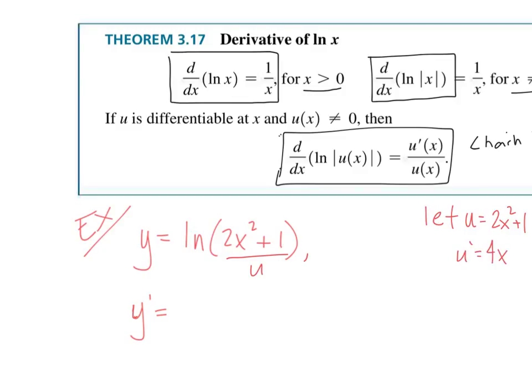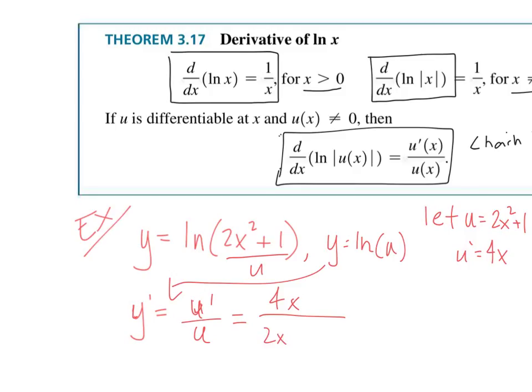So I would rewrite this as y is equal to the natural log of u, and if I found my derivative, it's going to give me u prime divided by u. So I substitute those values in, and I get 4x divided by 2x squared plus 1, and this is my derivative.